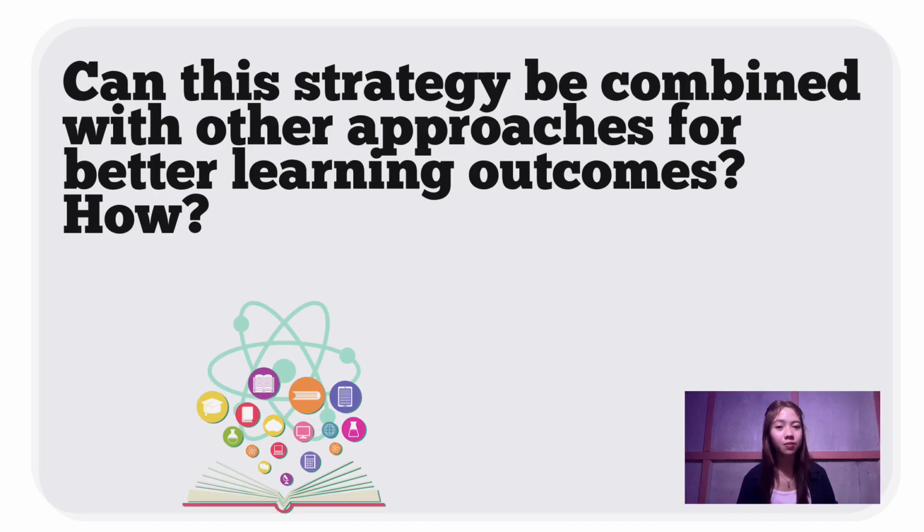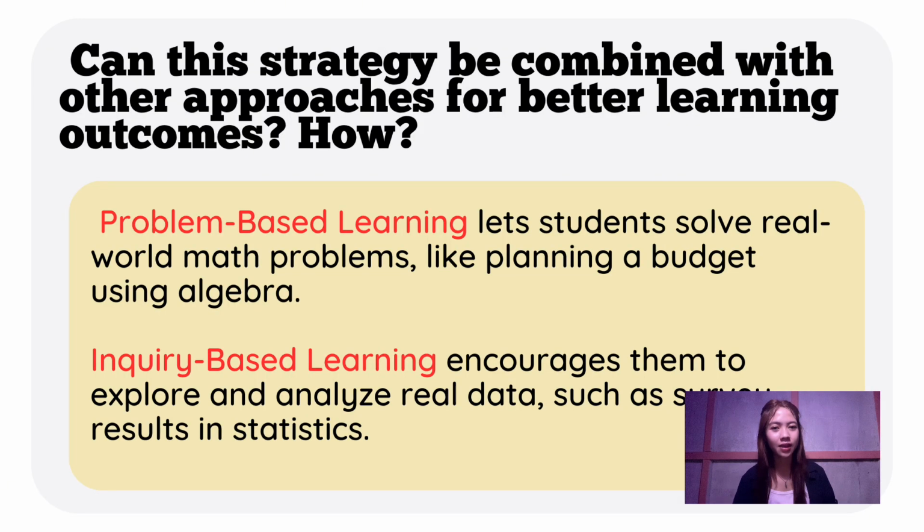Can this strategy be combined with other approaches for better learning outcomes? How? Yes, context-based learning works even better when combined with other strategies. For example, pairing it with problem-based learning lets students solve real-world math problems, like planning a budget using algebra. Inquiry-based learning encourages them to explore and analyze real data, such as survey results in statistics.